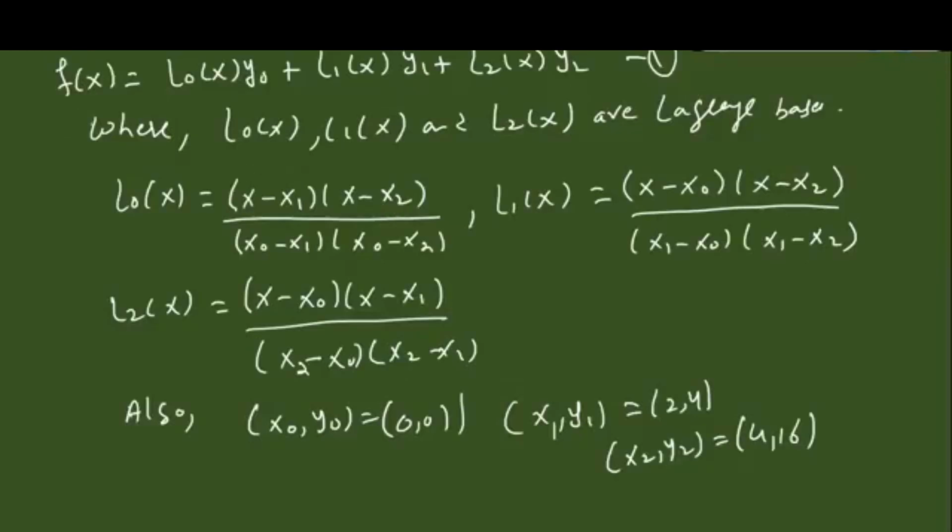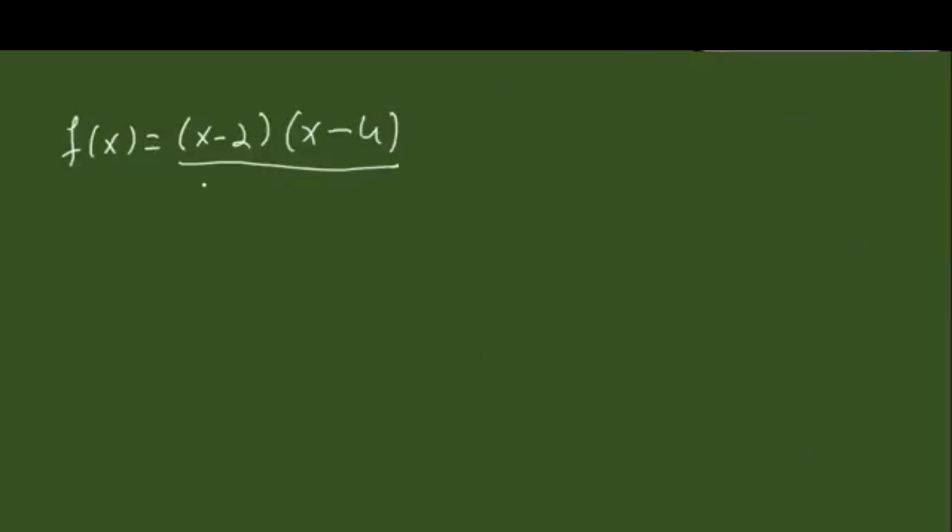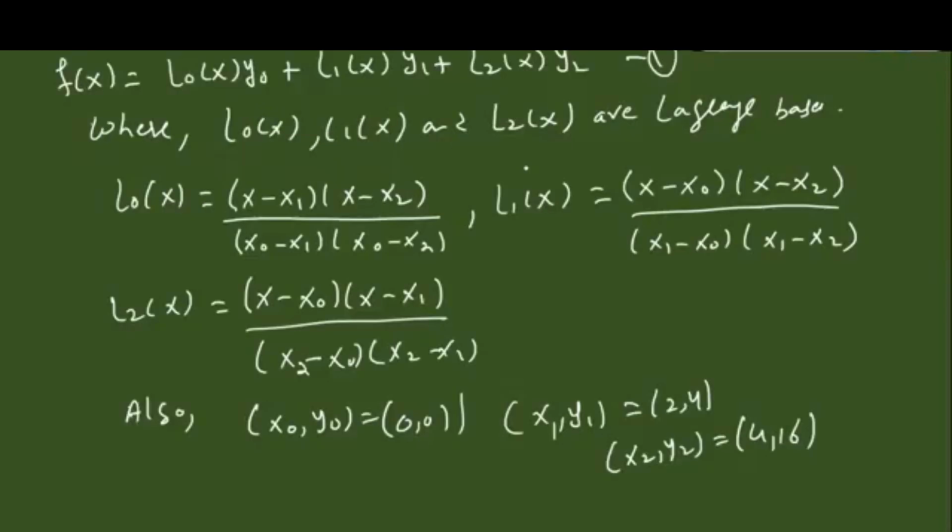L0. So x0 is 0. It is very easy for us now: (0 minus 2)(0 minus 4). We can write it down, but we know y0 is 0, so this term basically goes to 0. There is no need to simplify that term. Okay, L0 y0 plus L1. Now what is L1? L1 is this term, (x minus x0).